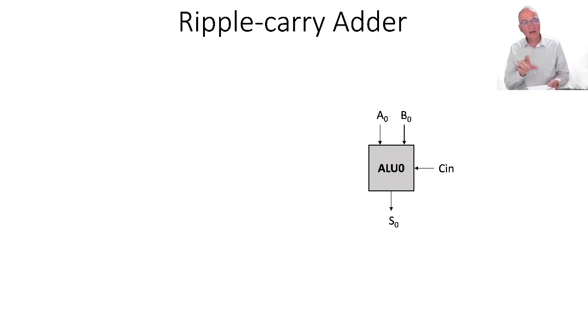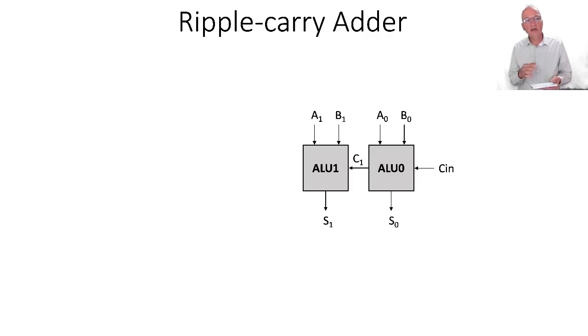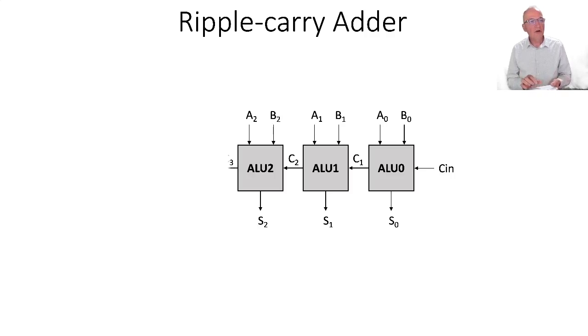I take one of those adders and I connect the carry out of my first adder to the carry in of the next adder, and I will repeat this process for however many bits I want to add.